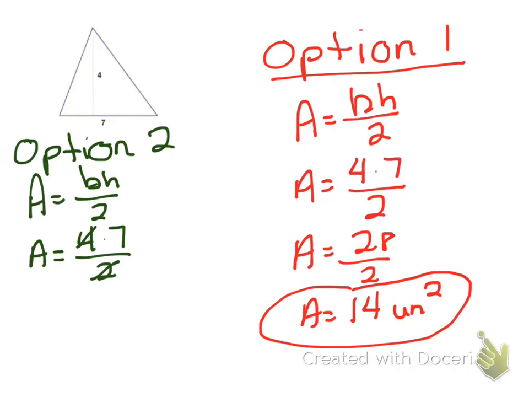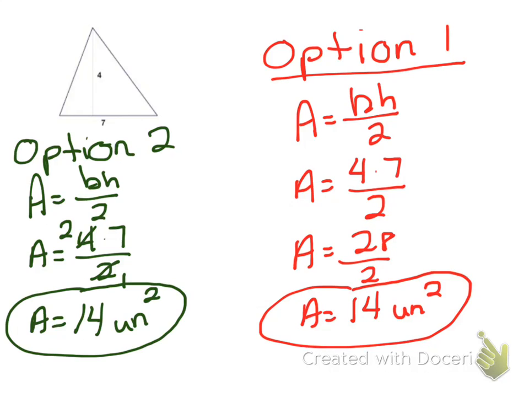So when I do that, 4 divided by 2 is going to give me 2. 2 divided by 2 is going to give me 1. And then I'm just going to multiply 2 times 7 to give me 14. And I can't forget my label, which is going to be units, and it's going to be squared.